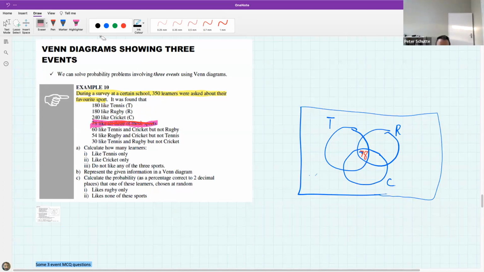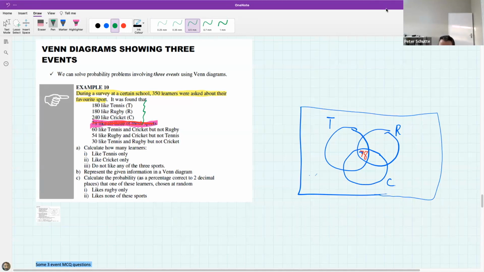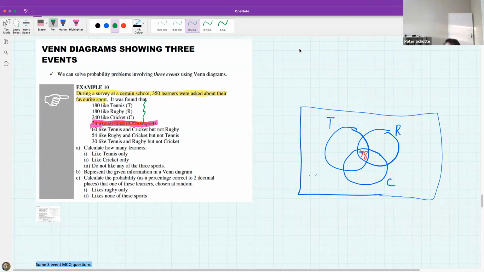Now it says 240 like cricket, but there's no way for me to figure out what, because there's 3 different regions. 180 like rugby, but I don't know how much go into each region. 180 like tennis. So I'm stuck here. I can't do anything. Where do you think I should start to try and figure out these other zones?